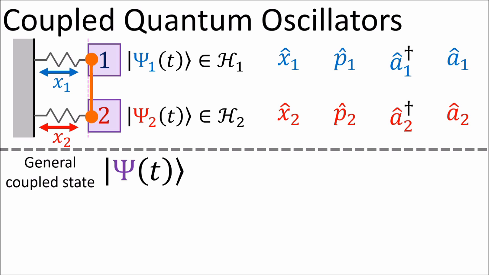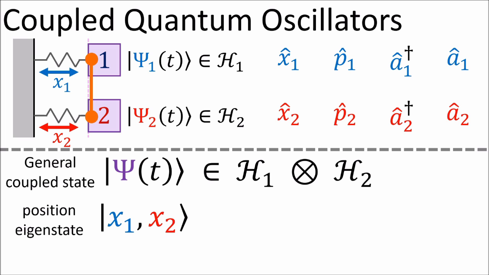So the state of the combined oscillator system lives in the tensor product space of the two original systems' state spaces. So we could, for example, label coupled oscillator states using two position labels, which would be the tensor product of two position eigenstates for the individual oscillators.